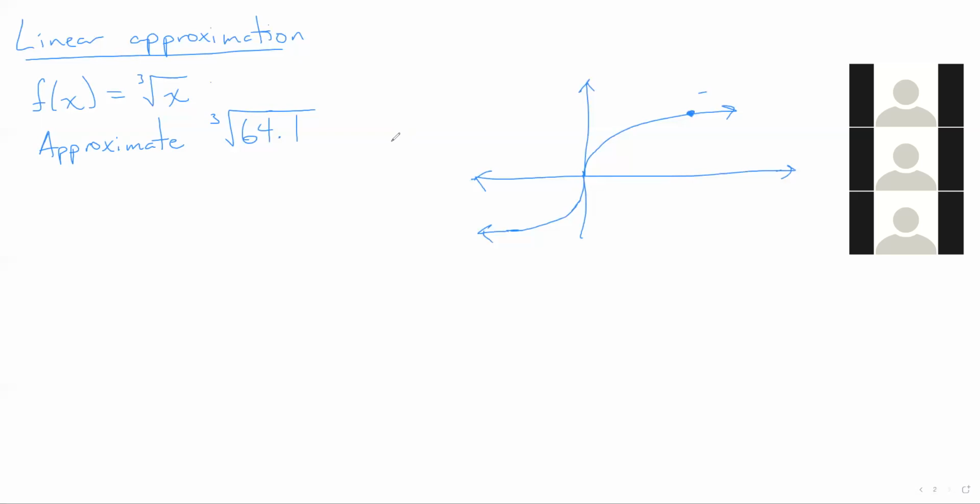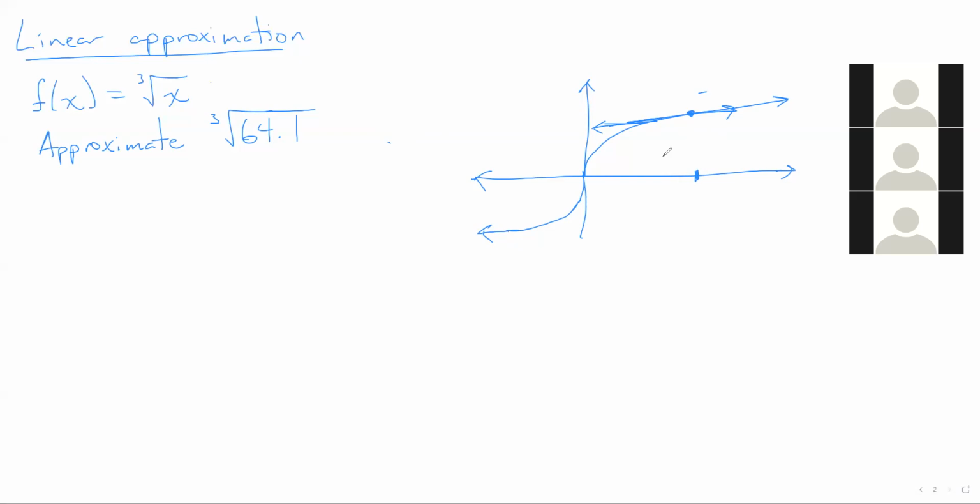And the way I'm going to do that is by taking a tangent line of this function at a carefully chosen value of x. For most of the problems that I've assigned in this area, I give you what that x value is.